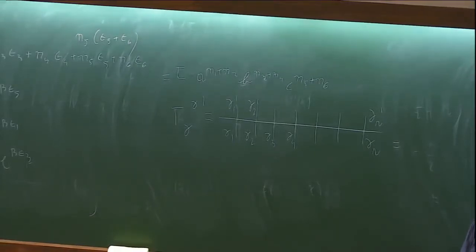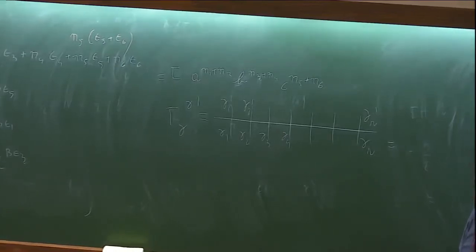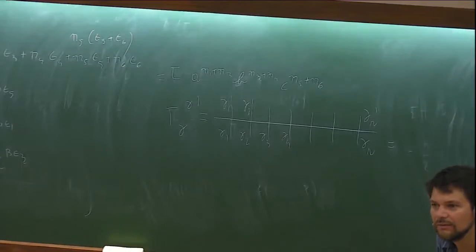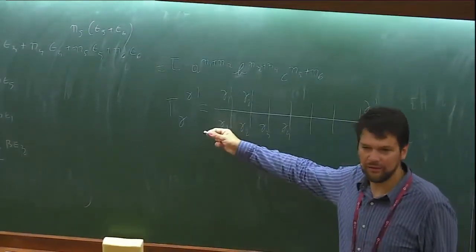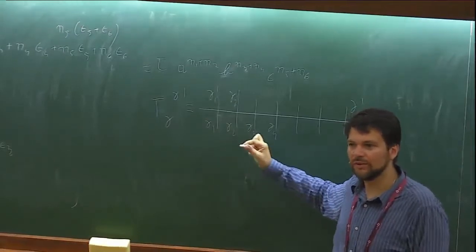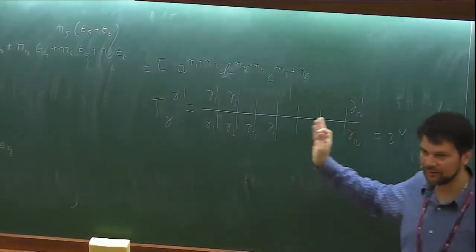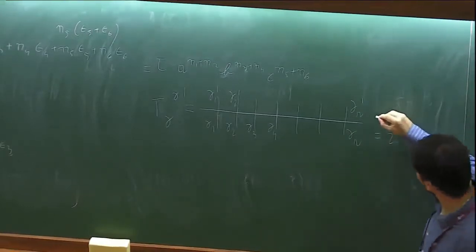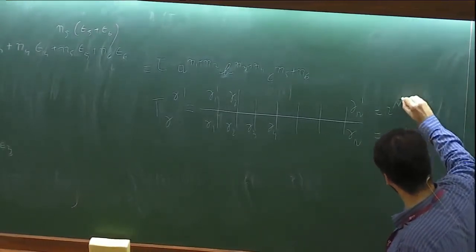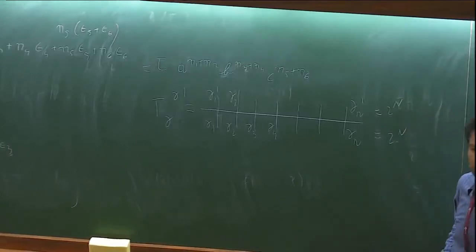Golden ratio. Sorry? N cross n. I have 2 possibilities for this, times 2 possibilities for this, then 2 possibilities for this. So this is 2 to the n if I have n columns. And this, again, is 2 to the n.